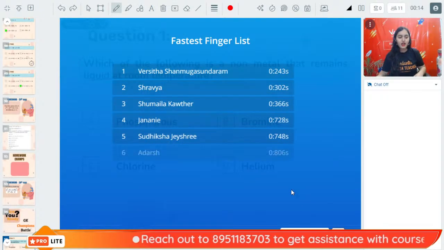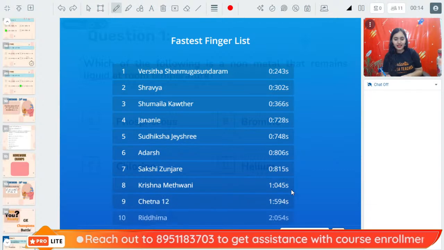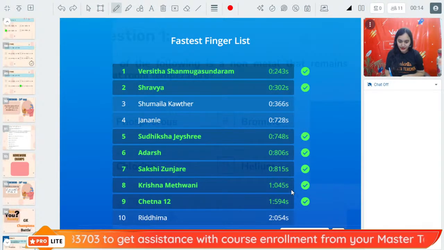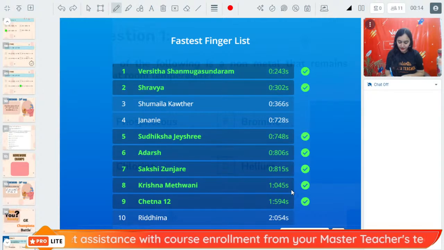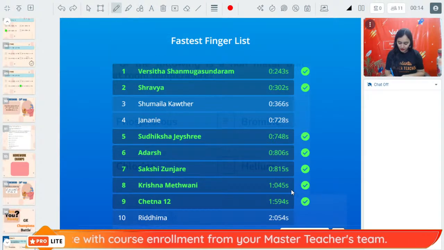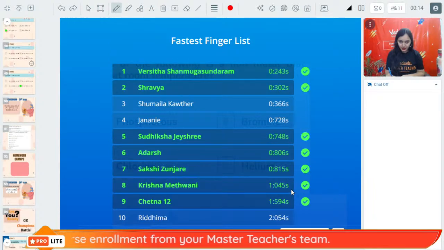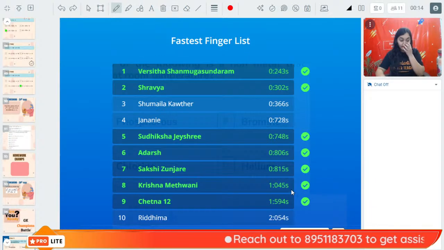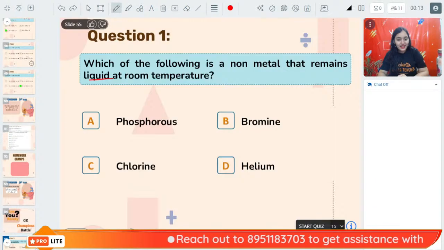Let's see who is on the fastest finger list. Awesome. So we have Varshita, Shravya, Sudhiksha, and Adarsh, and Sakshi, and Krishna, and Chetna. Awesome. Very good. Next question.